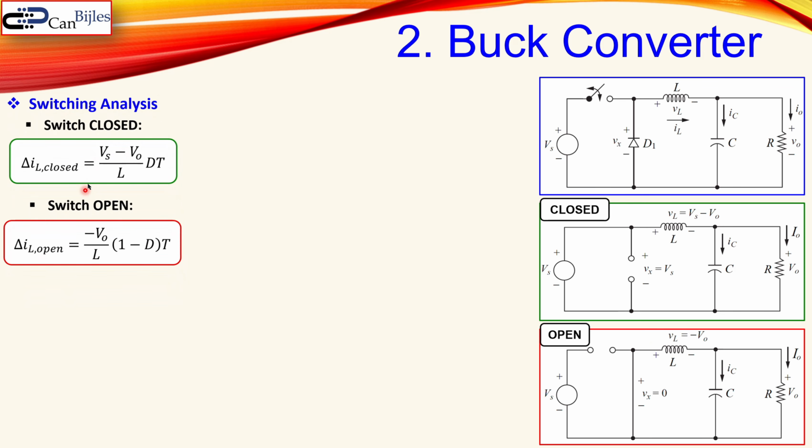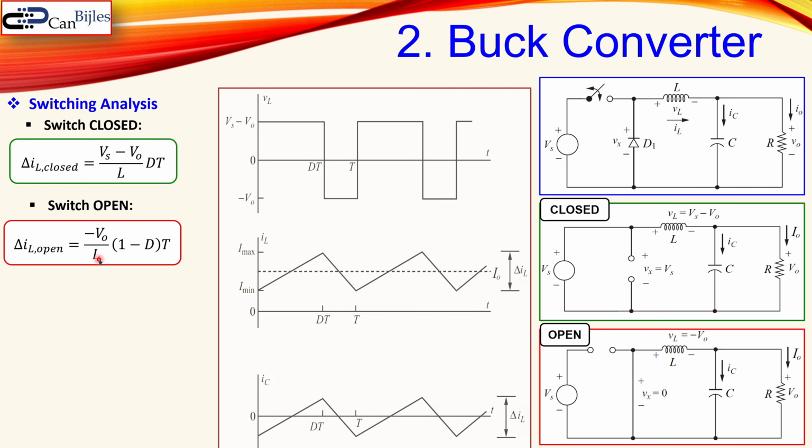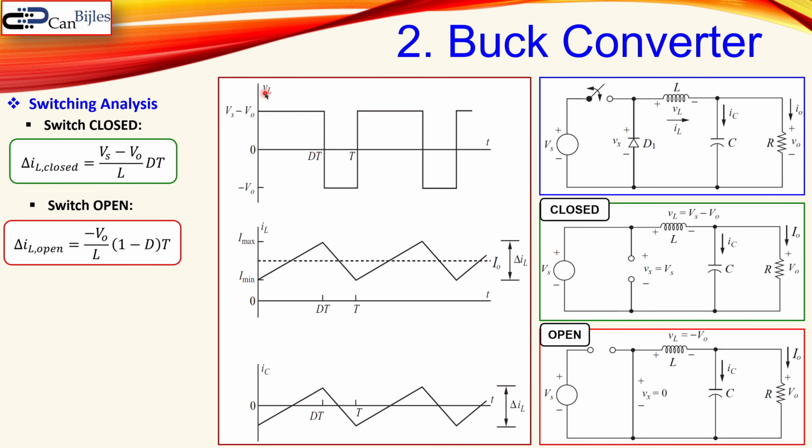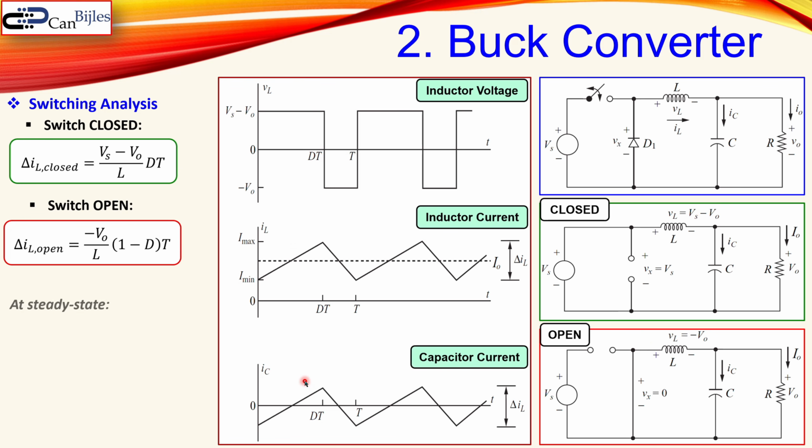Now the switch closed and switch open formulas are here, and these are now the waveforms for the inductor voltage, inductor current and the capacitor current. At steady state, these two expressions for our delta IL, the peak current of the inductor, will add up to 0.